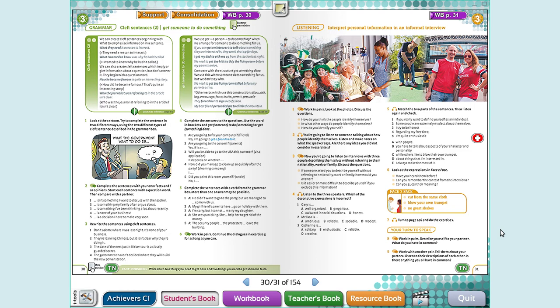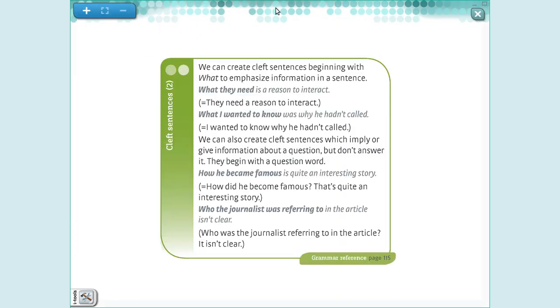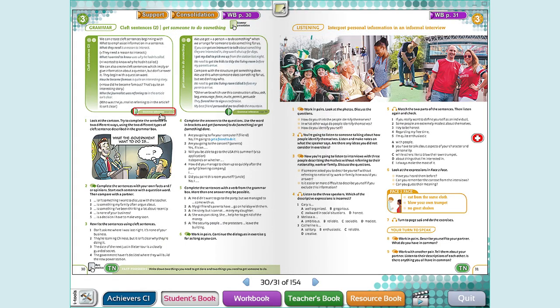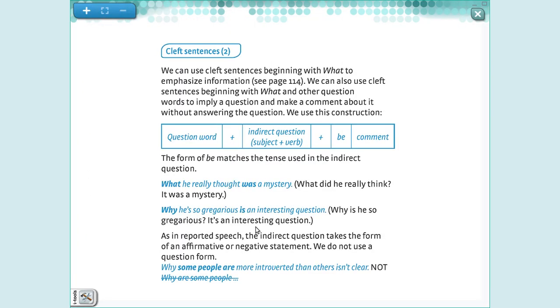Okay, page 30. As you can see, the title is Cleft sentence number 2. You have a short explanation here. Take your time and read this explanation. But I prefer the explanation that is on page 115.